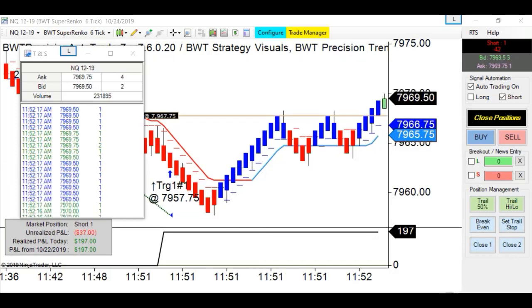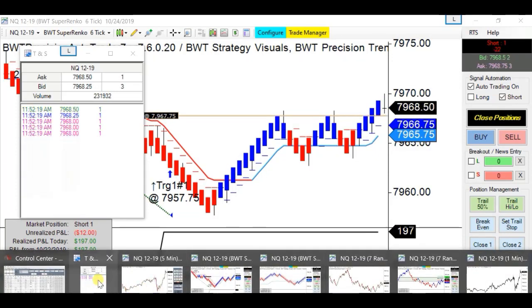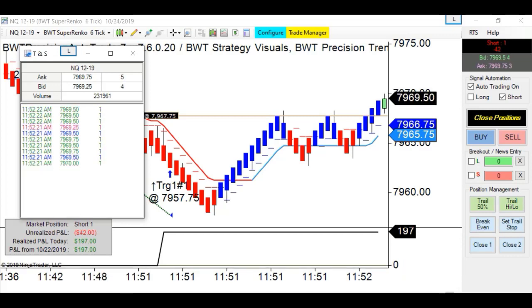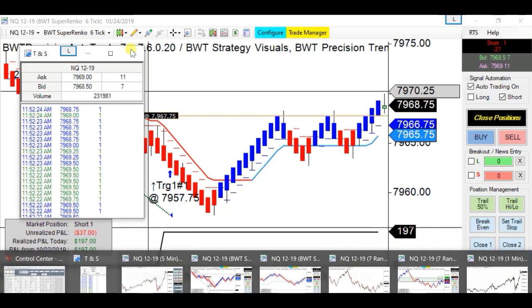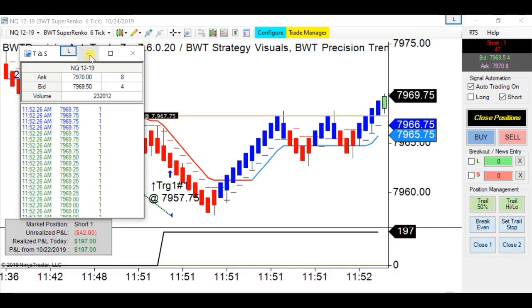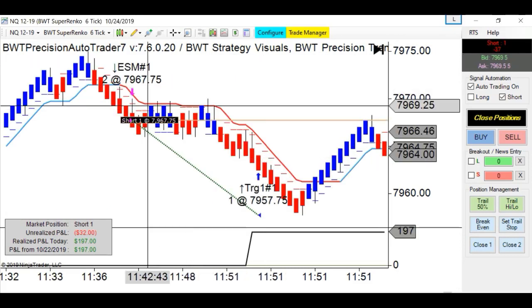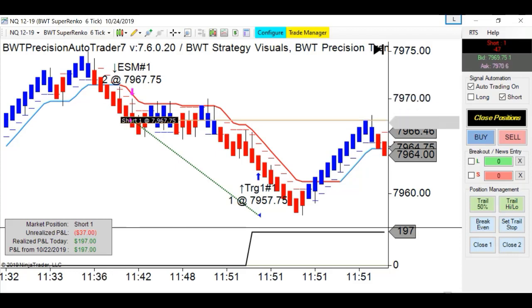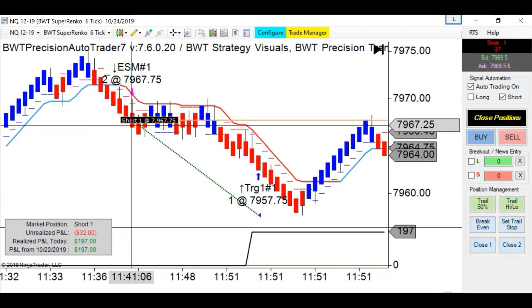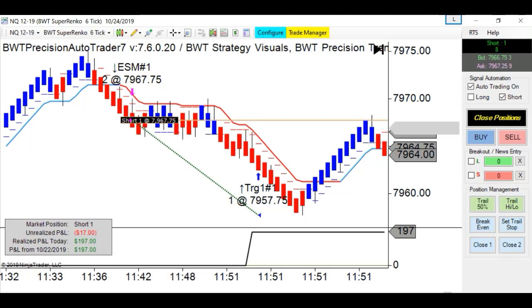That was strange. So took that short upon red bars and a sloping down step MA, then kind of wait sideways for a few minutes and then just boom. So now again, it's lots of price action within just a few seconds.